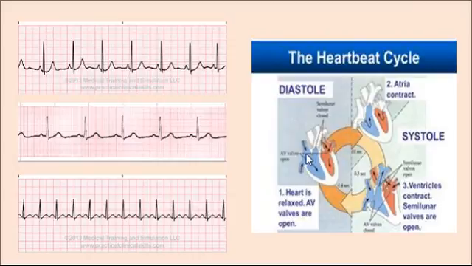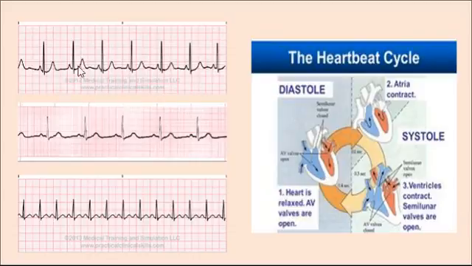So diastole is when everything is filling. So the blood is coming into your right atrium and your left atrium, also flowing into your ventricles. So you fill up your atrium, it contracts, and so your atrium squeeze, your ventricle squeeze, atrial squeeze, ventricle squeeze.